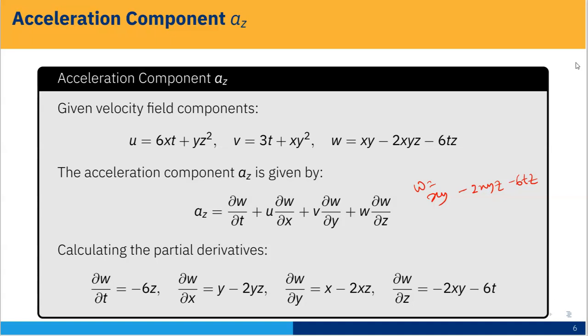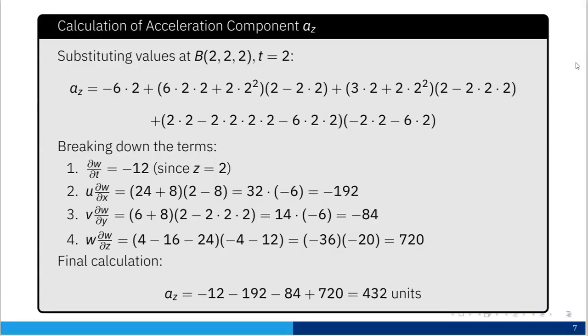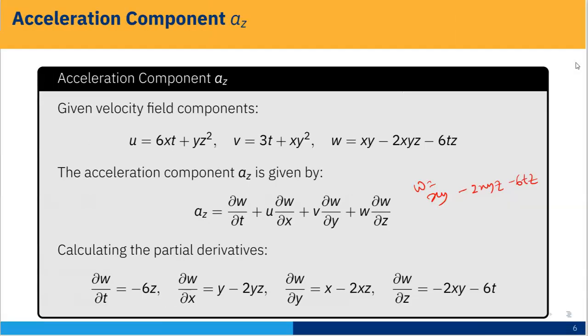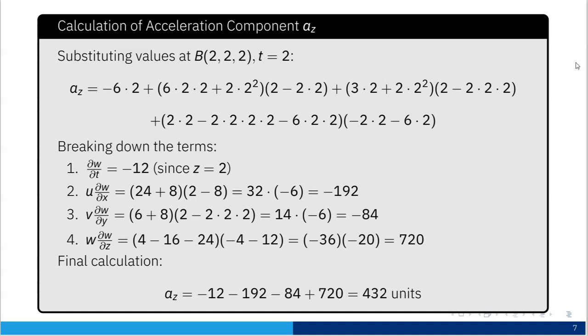So now if I plug in all this, we have to find out each term. ∂w/∂t is minus 6z, which is 6 times minus 2, so that is minus 12. u we already know is 32, and ∂w/∂x is minus 6, that will give minus 192. v we know is 14, and ∂w/∂y is minus 6, so minus 84.